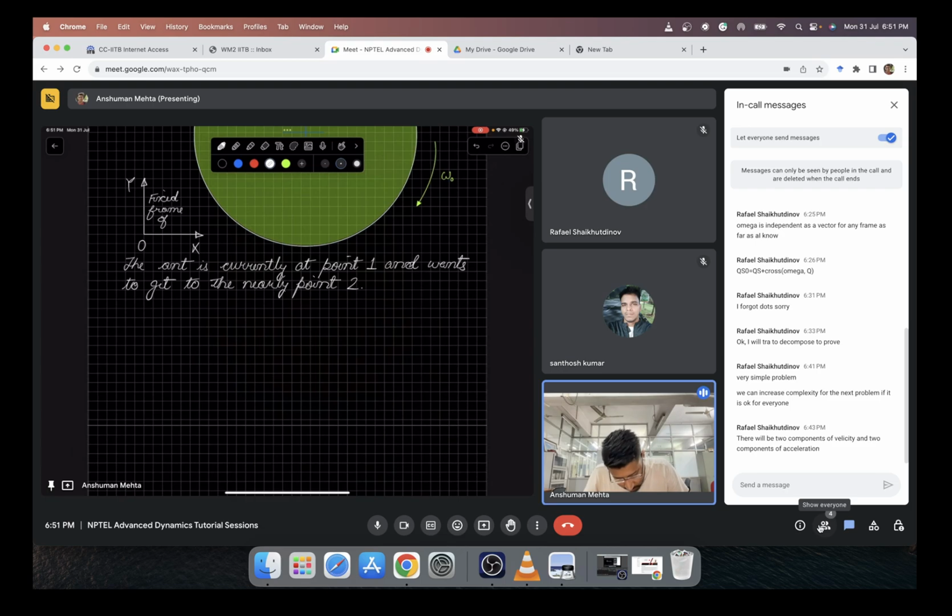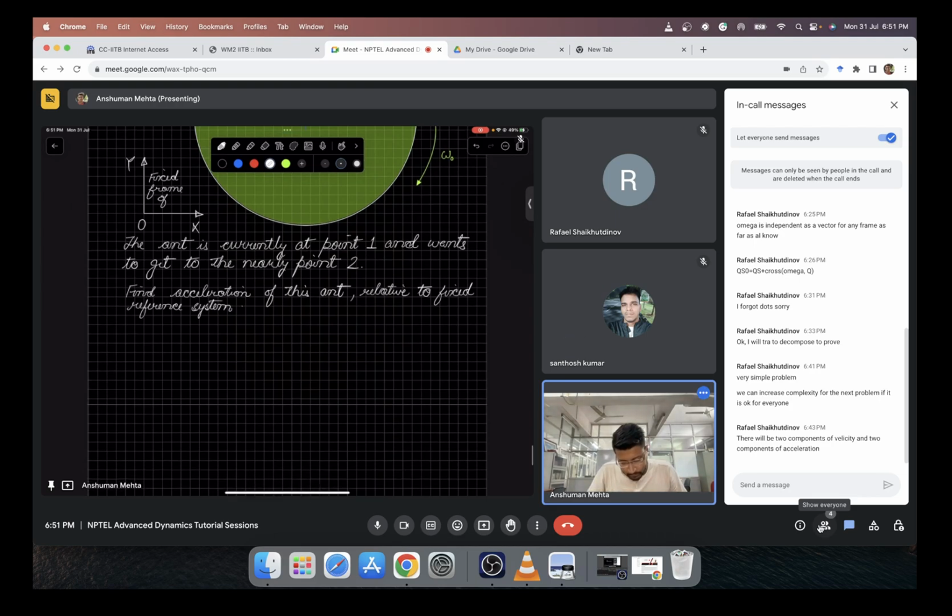What we have to find is the acceleration of this ant related to the fixed reference system. Here we have defined that the fixed reference system is 0, x and y.